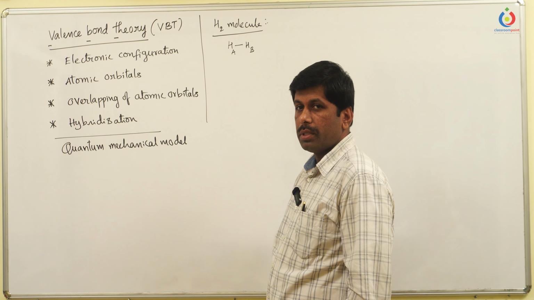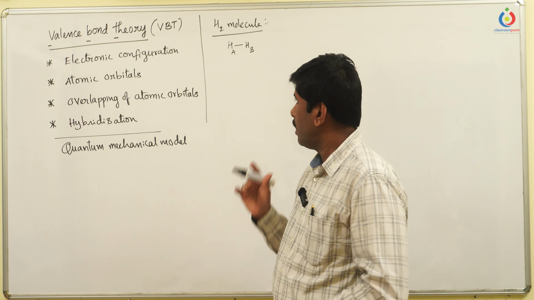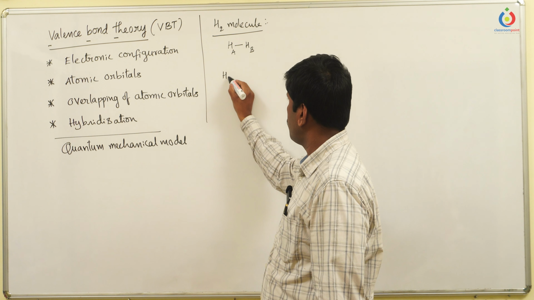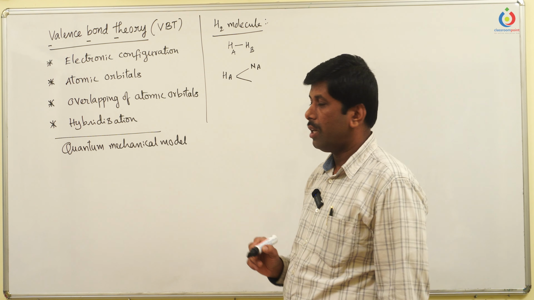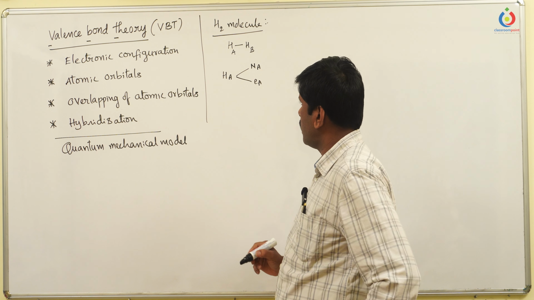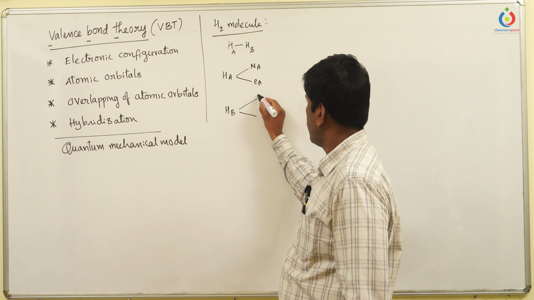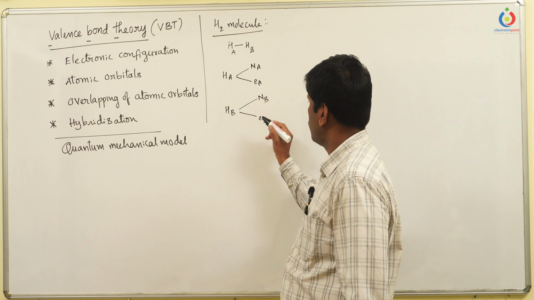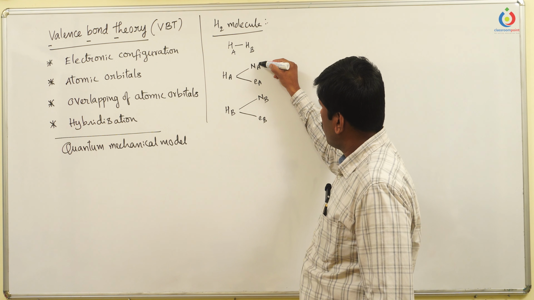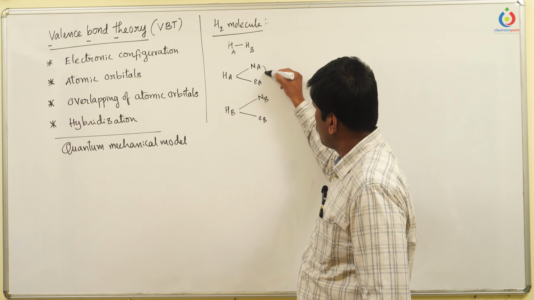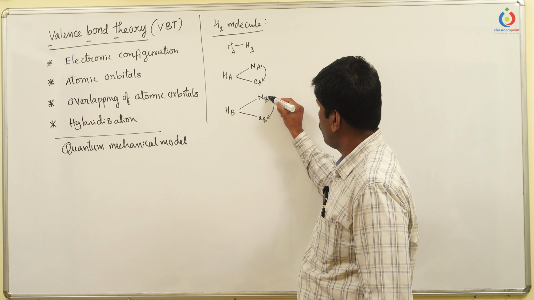Whenever they are independently present, the nucleus attracts only its own electron. For example, hydrogen atom A has its own nucleus and its own electron. Similarly, hydrogen atom B has its own nucleus and its own electron. So independently, the nucleus of hydrogen atom A will attract its own electron and the nucleus of hydrogen atom B will attract its own electron.